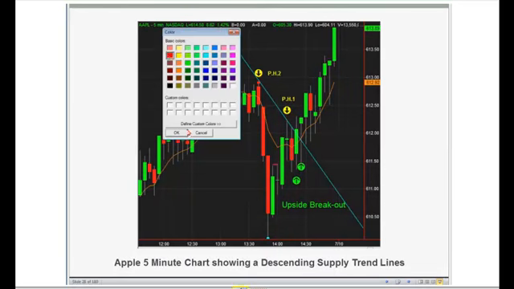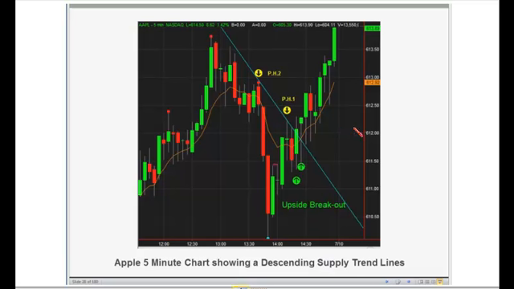I'll just get the old drawing pen out. Go from the right of the chart in and find your first pivot high. We're going to develop a supply trend line, and here it is. See that pivot point? It's higher than the bar before, higher than the bar after. So the high is higher than before and after.